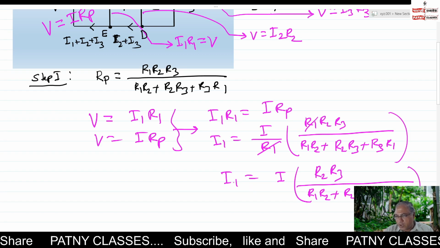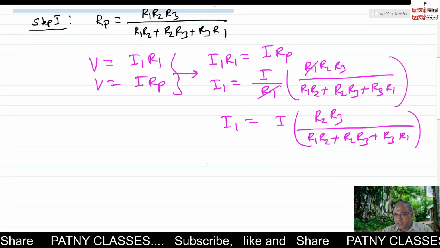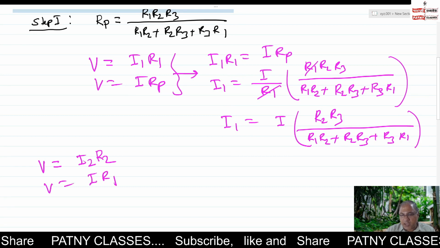Here we observe that to find the current I1, the resistance R1 is absent and the remaining ones are present. Similarly, we can easily obtain the expression for I2 by the same idea, that is V equals I2 R2 and V equals I Rp.